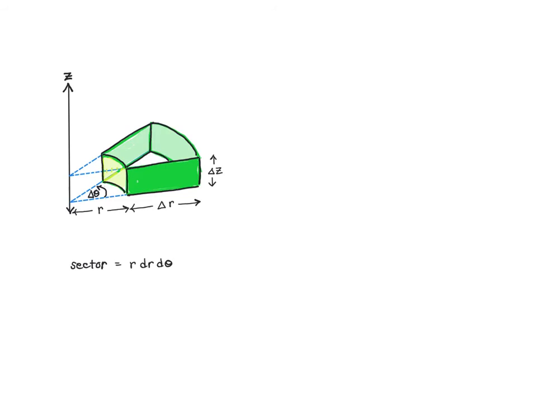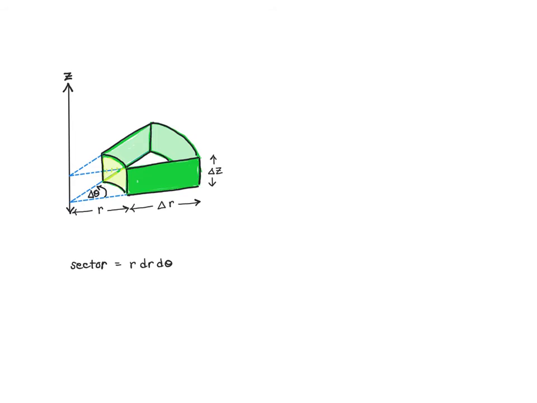Now let's look at cylindrical coordinates when we're integrating. Imagine I've drawn this diagram where this is our z-axis. I didn't draw the x and y-axes, but let's imagine this is our x-axis, and we are rotating this direction with theta. If I just look at a small change in theta, delta theta, and this is my r from the origin forward, and this is a small change in r, delta r, I end up with a three-dimensional sector because I have a small change in z.